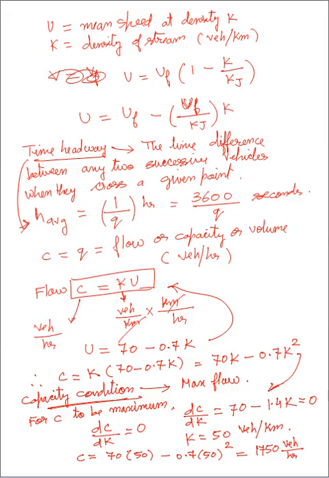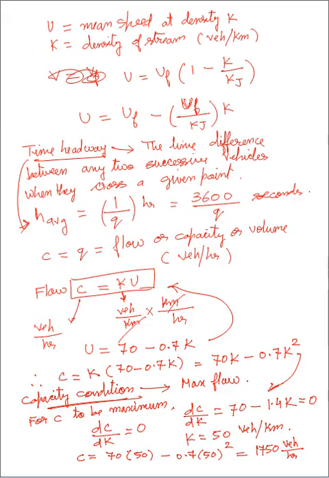This is the maximum capacity, maximum flow, but we are supposed to find out the time headway. So we have to use the formula of time headway, that is 1 upon Q, or 3600 upon Q.